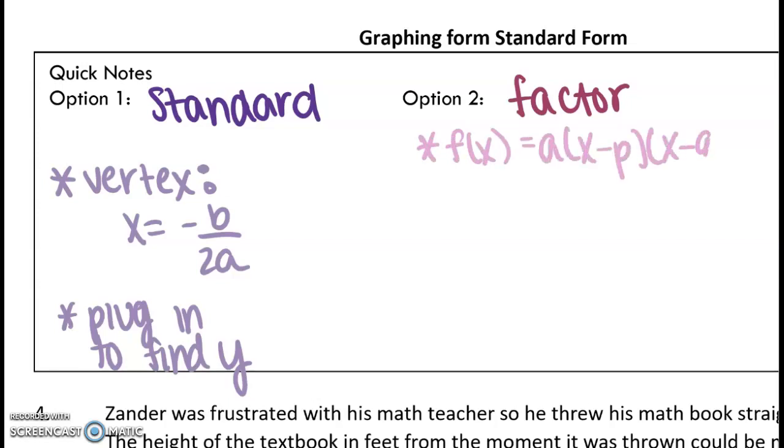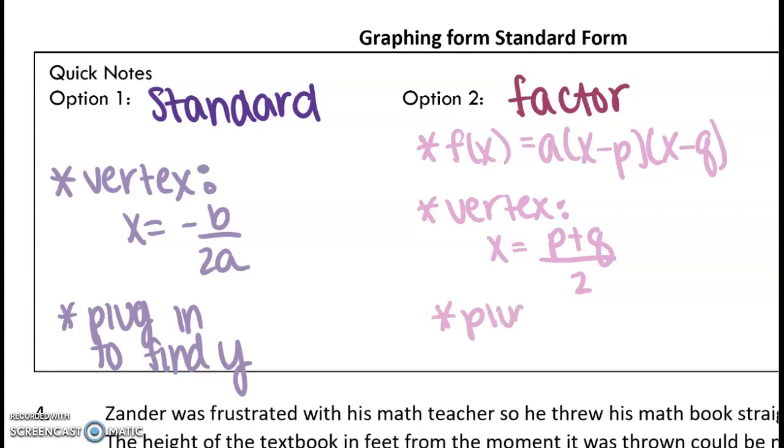Here, to find your vertex, x equals p plus q divided by 2. And then again, we plug in to find y.